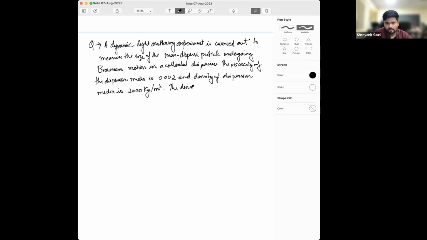The density of the colloidal particle is given per meter cube, at a temperature of 27 degrees centigrade.